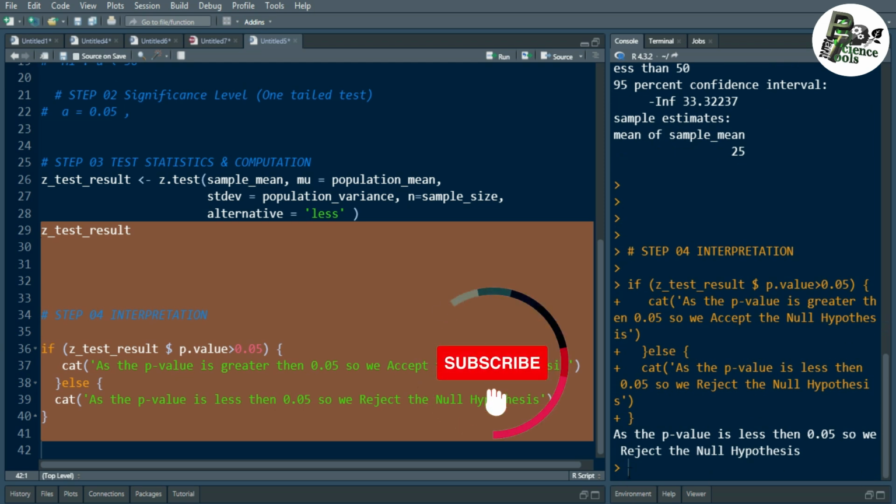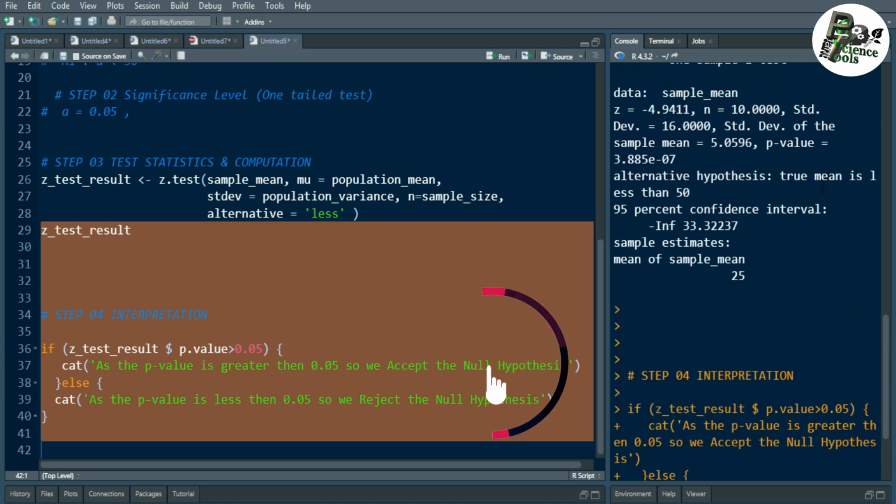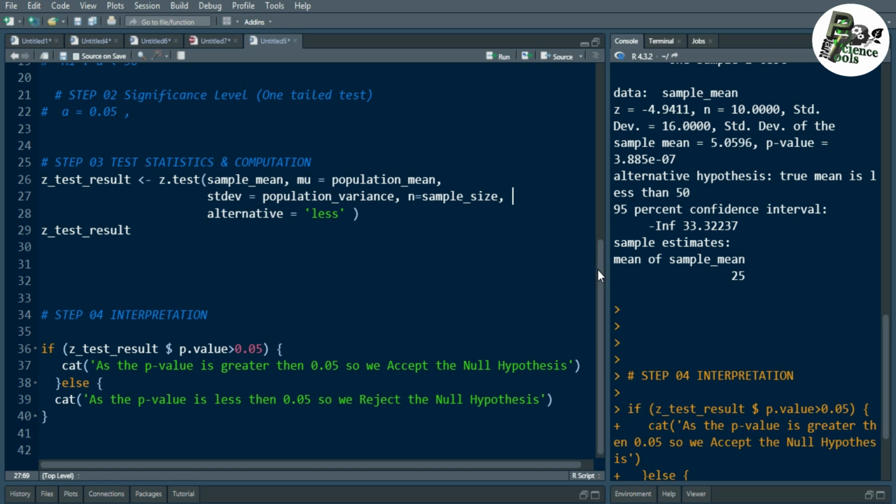That is why we reject the null hypothesis and accept the alternate hypothesis, that the true mean is less than 30. So we accept the alternate hypothesis rather than the null hypothesis.